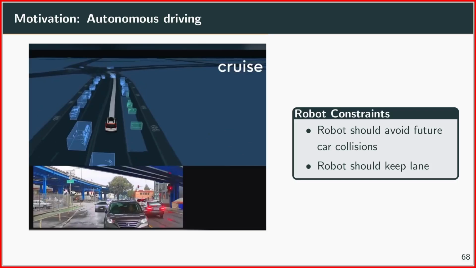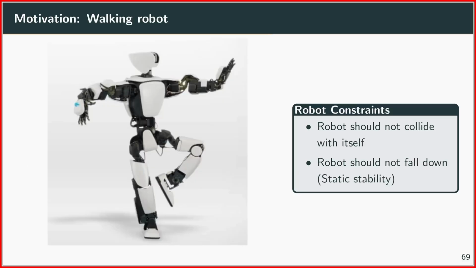For autonomous driving, you have slightly different constraints. You would, for example, want that your robot should avoid future car collisions. Your robot should maybe also keep the lane in which it is actually currently. It should not go to another lane and crash with the car here. So this scenario would have maybe different constraints than the one before.